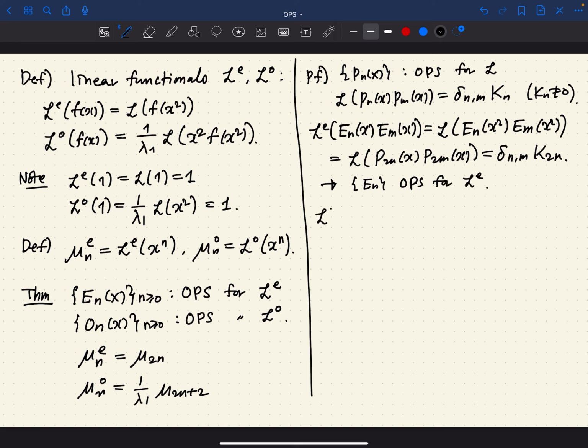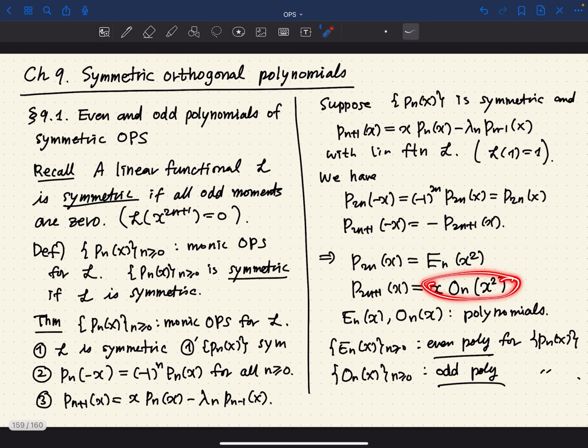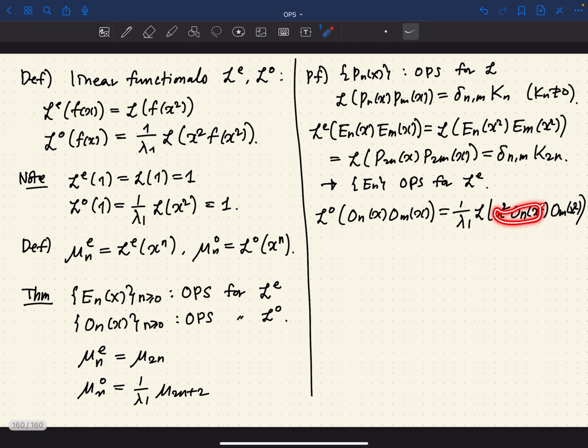And similarly, we do the exact same thing for Om. Now this is 1 over lambda 1. We multiply by x squared because of the definition, L of x squared Om of x squared. But by definition, x times On of x squared is P2n plus 1. So with only one x this gives us P2n plus 1, and the remaining x together with Om gives us P2m plus 1.